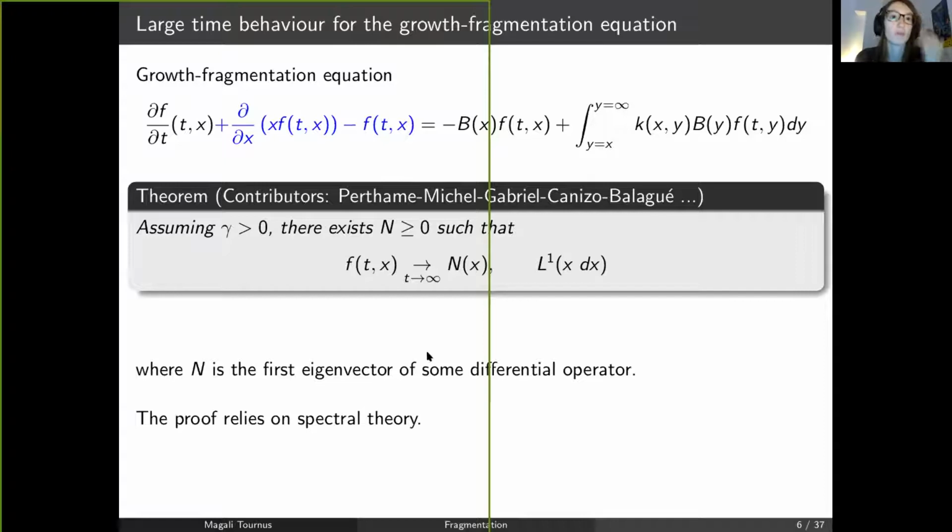But if we have some growth at rate x, then it's proved that this equation, so its solution f, converges as t goes to infinity to some profile, capital N, and this result is based on spectral theory.